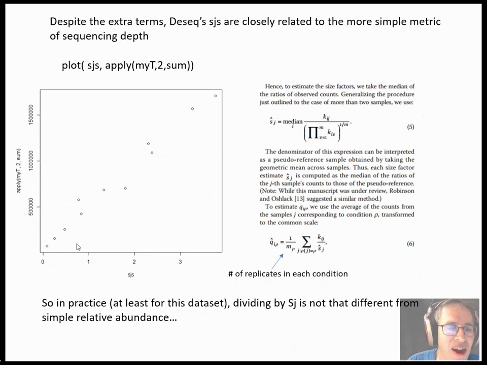But if we actually just plot the SJ calculated by the DeSeq paper, and then this is the simple sum of all the sequences, right? So this is a scaling factor based on the scaling factor we'll use for naive proportions, and this is the SJs calculated from our DeSeq pipeline.